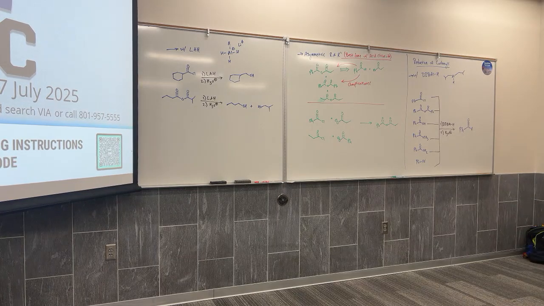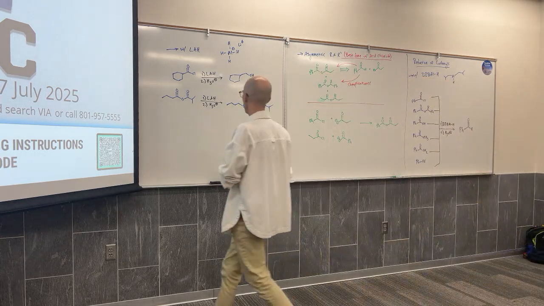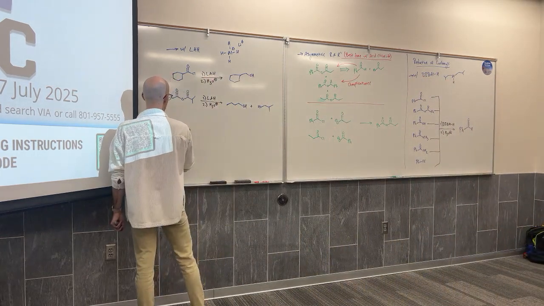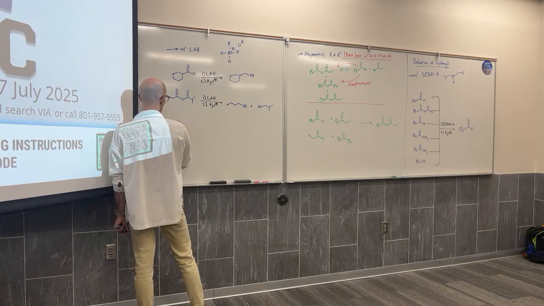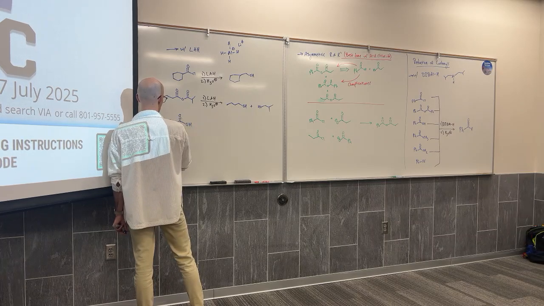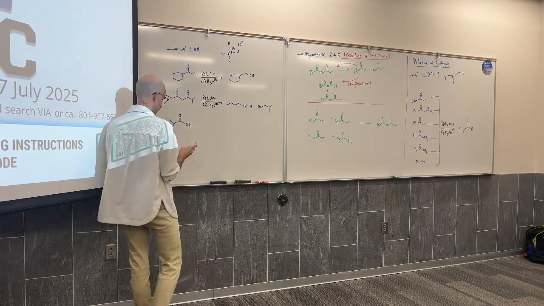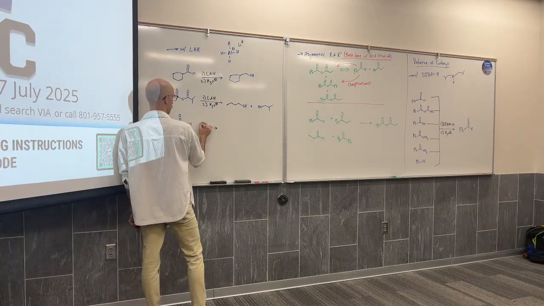If this was symmetric, 2 equivalent primary alcohols. We already know what happens with carboxylic acids. Here's a cyclopropyl carboxylic acid.